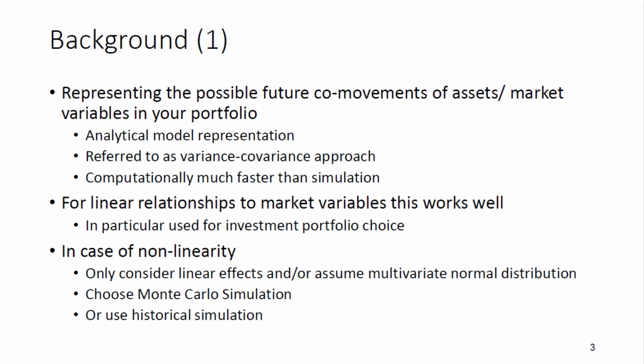So an analytical model means that we have a more concise representation, which then also makes it analytically tractable to afterwards not only decide, for example, on optimal portfolio weights, but also do value at risk calculations in an analytical manner. So this analytical model or linear model that we will be discussing today is also referred to as the variance-covariance approach, as you will see in a minute why.